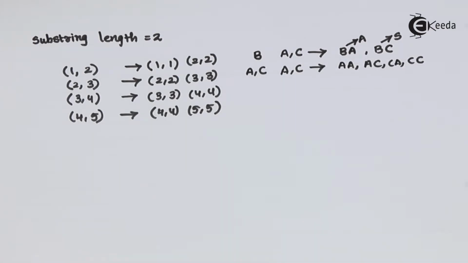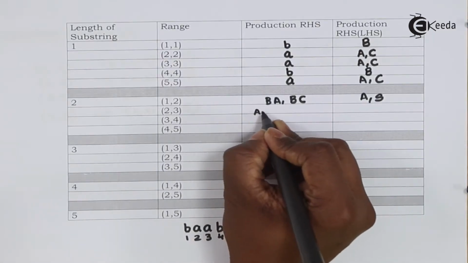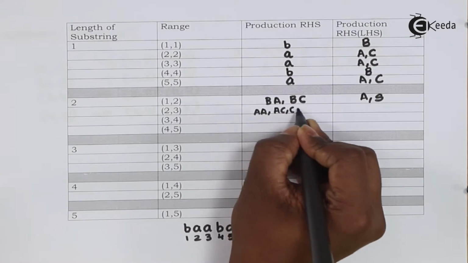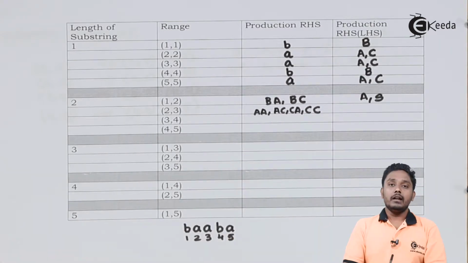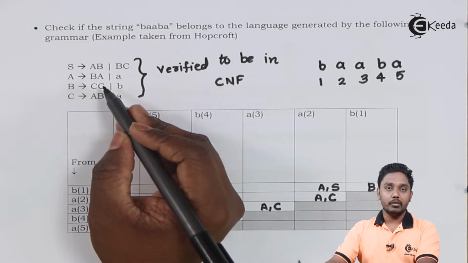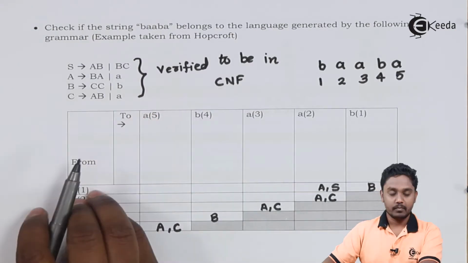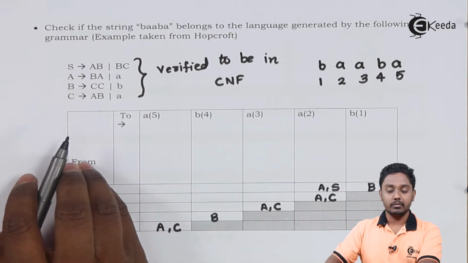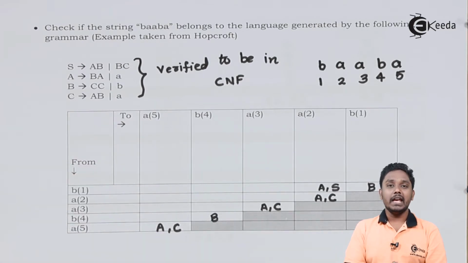Let us write these right hand side of productions into a table. Let us see which of the grammar symbols are producing these productions. AA is not produced using any production. AC is also not produced using any production.